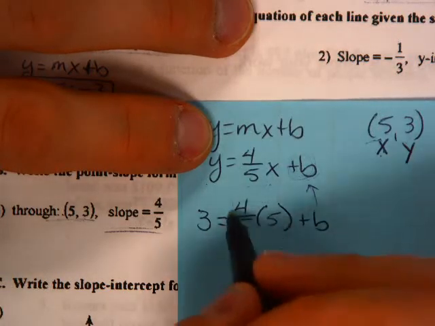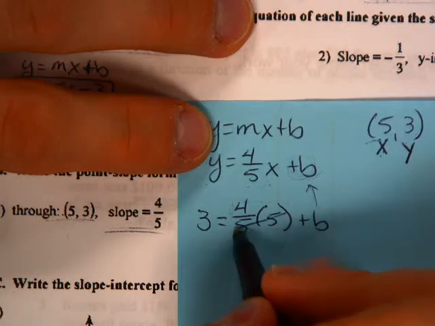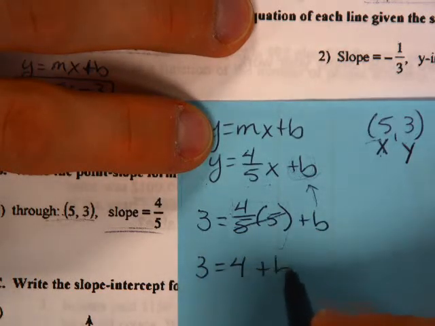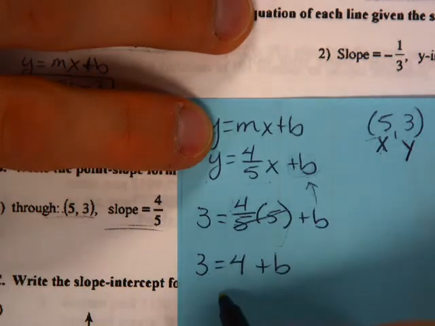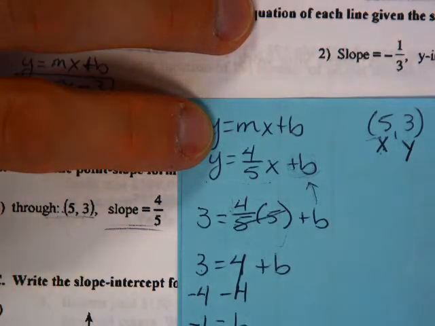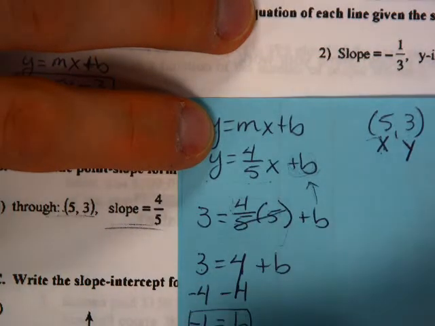But when I multiply 4/5 times 5, it simplifies to 4. So I got 3 equals 4 plus b. And I subtract 4 from each side. 3 minus 4 is -1 equals b. So our y-intercept is -1.